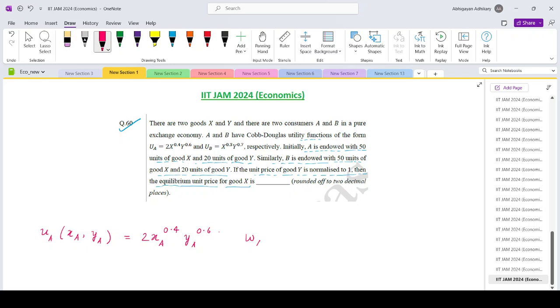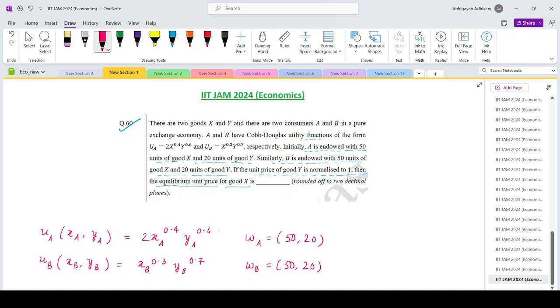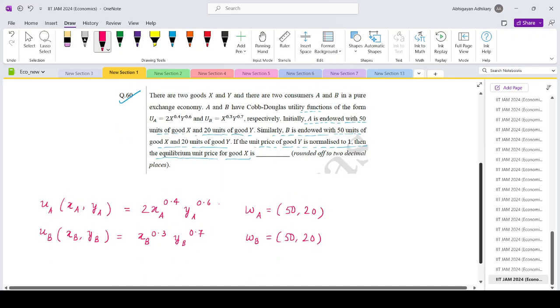And what is the endowment bundle of consumer A? It is 50, 20. UB, which will depend upon xb and yb, is xb to the power 0.3, yb to the power 0.7. So WB is 50, 20.